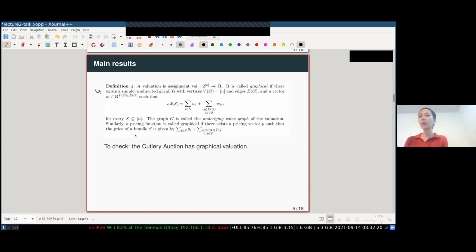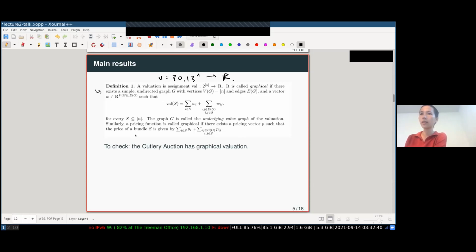So evaluation. We're specifically considering combinatorial auctions, right? That is, every agent submits something that maps subsets of N to R. And we're looking at the case where the agents are submitting graphical valuations.